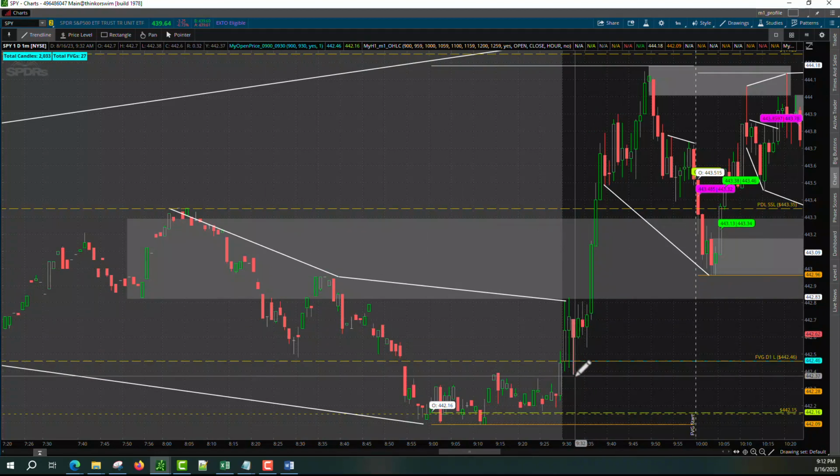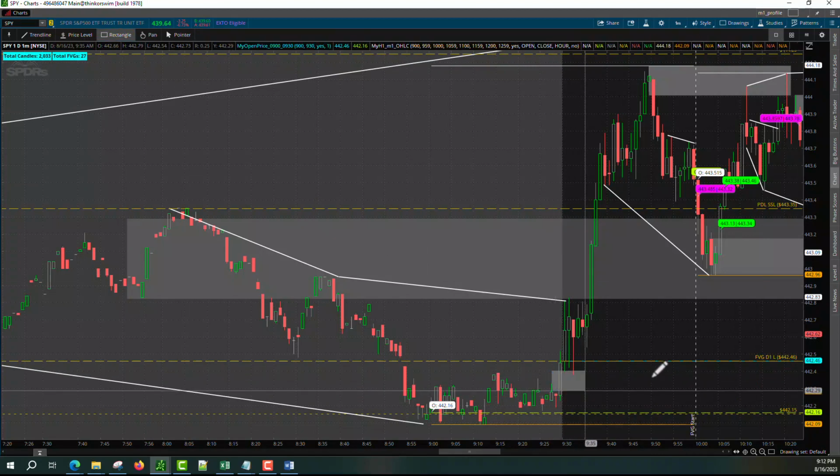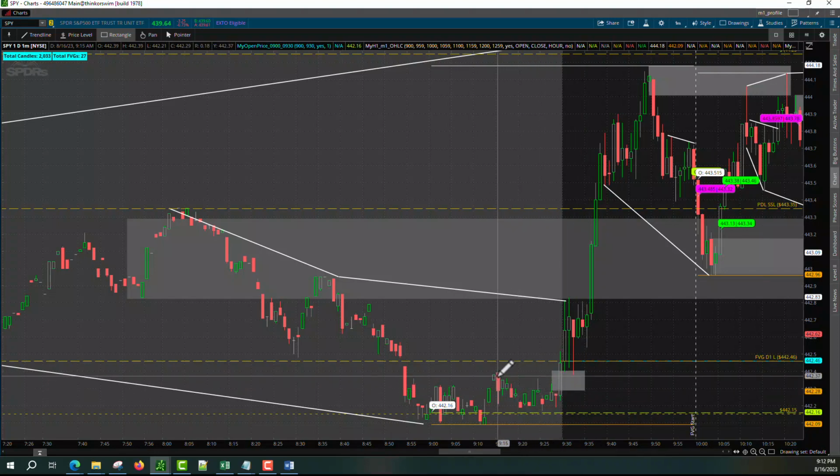Then boom, it pulls back right there to retest this implied fair value gap or fair value gap right here. You see the fair value gap right there. You see, it just retests that. That's a beautiful one right there. So right here you can treat this as bullish because it's a swing high.